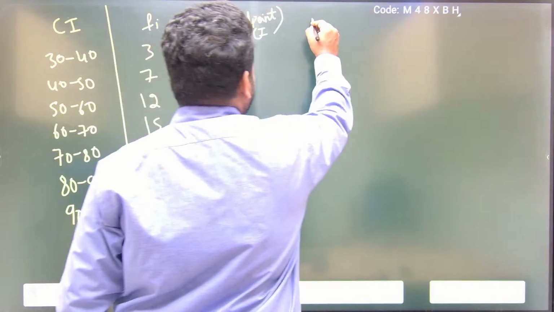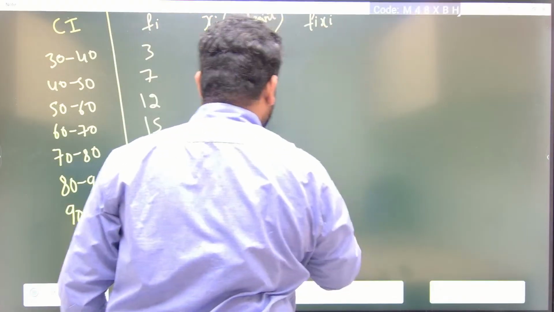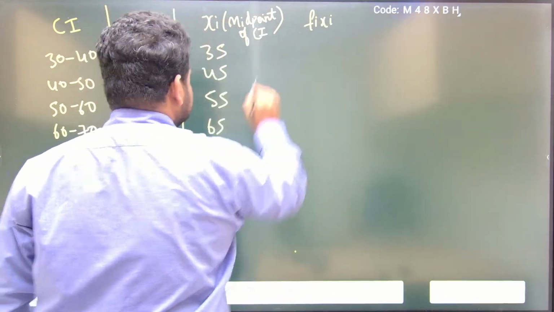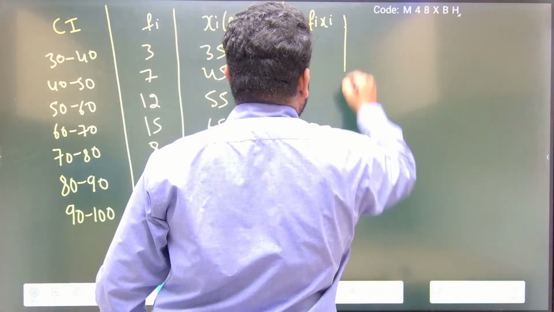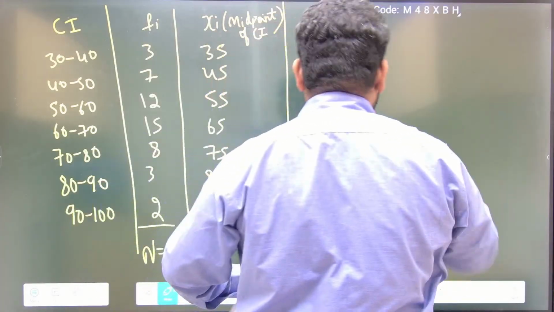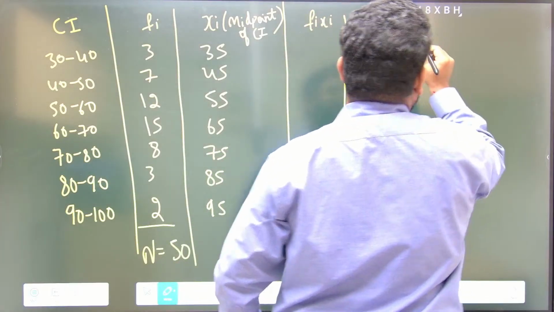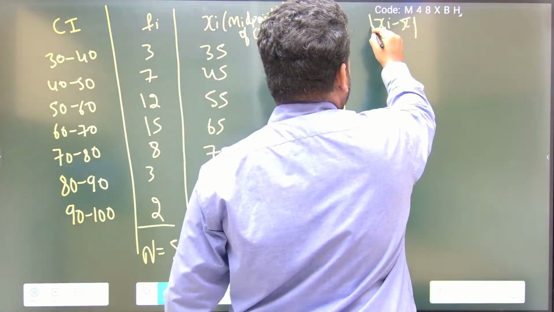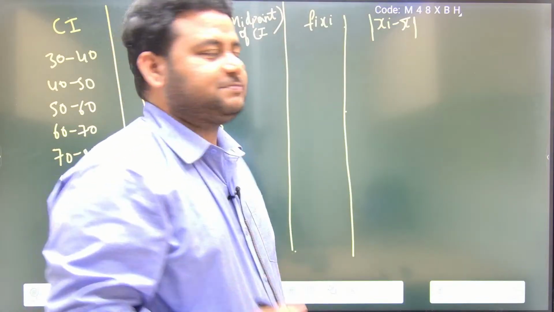Here we have fi into xi. One more very important column is xi minus x bar, which we were doing till now. To find the variance or standard deviation, we have to do xi minus x bar whole square.